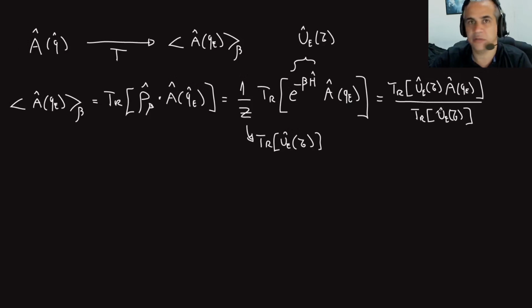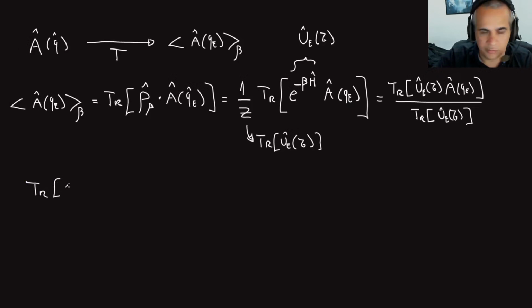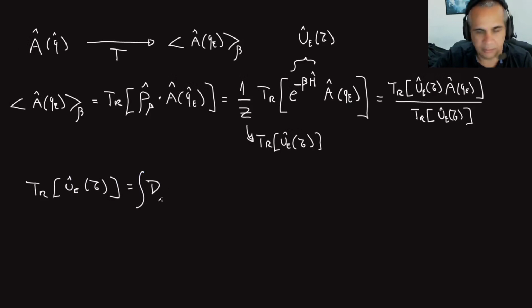So the trace of U_E of tau, I have shown just a few minutes ago, right, that this is the path integral for Euclidean position, in periodic, I'll indicate periodic by P. We know this is a closed path, because this is E, right?